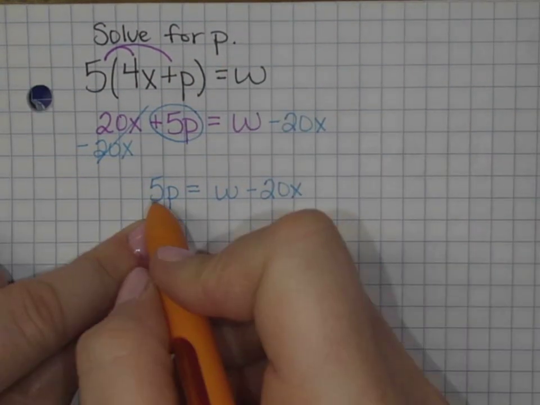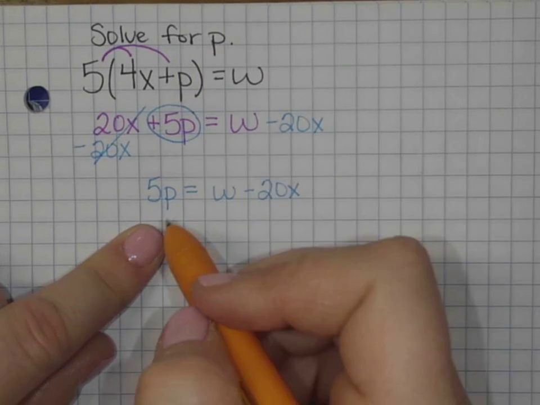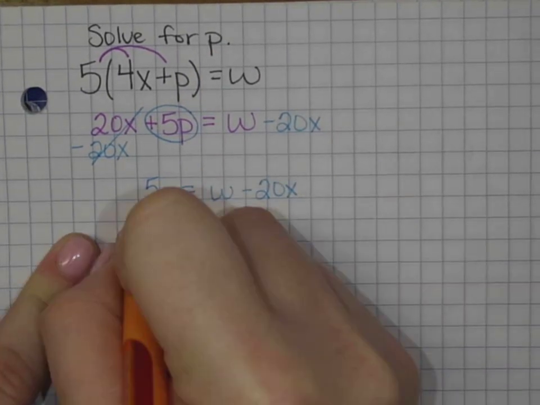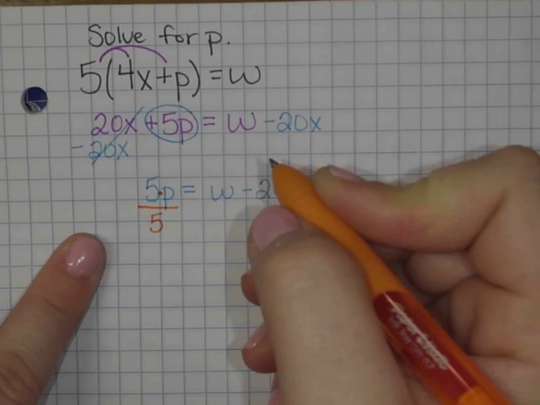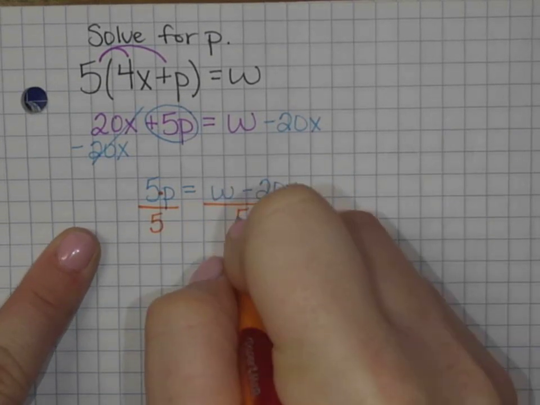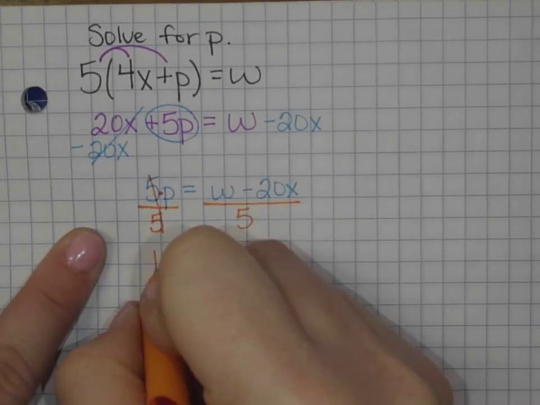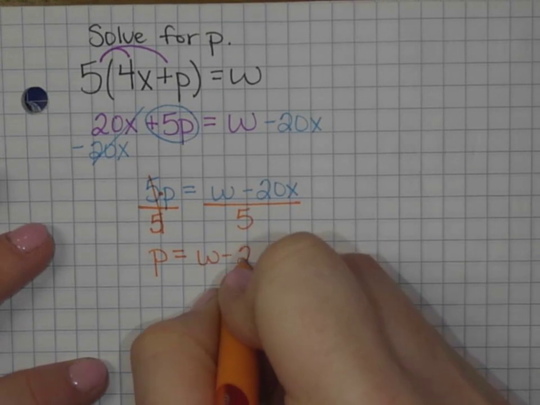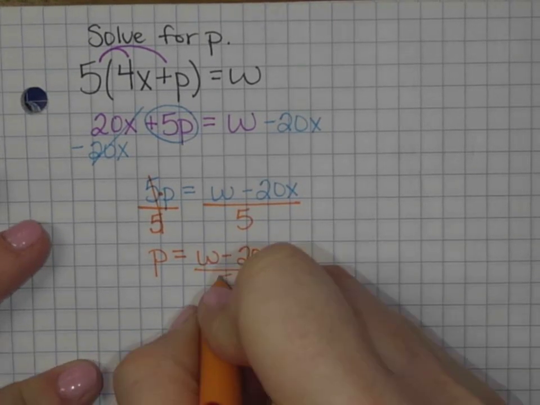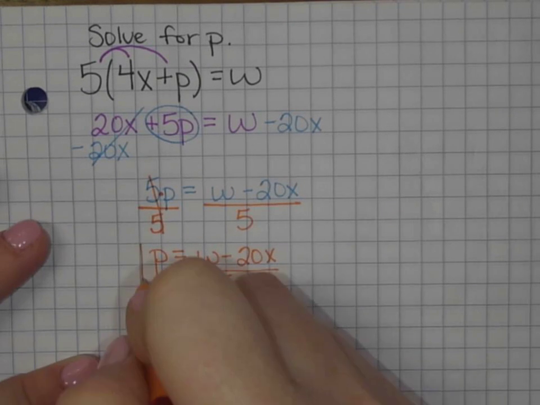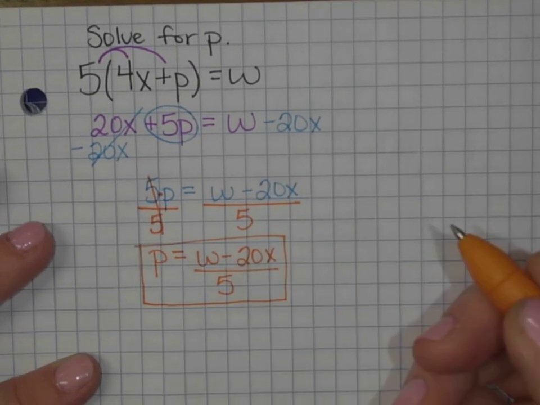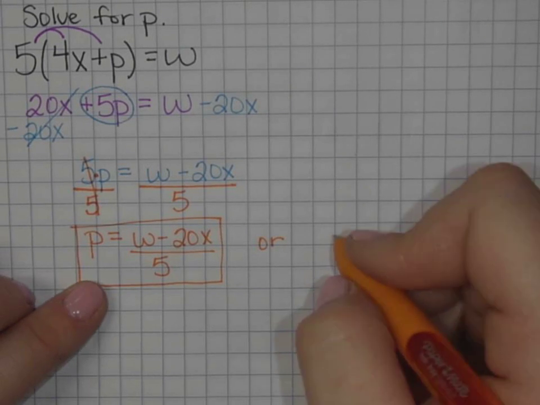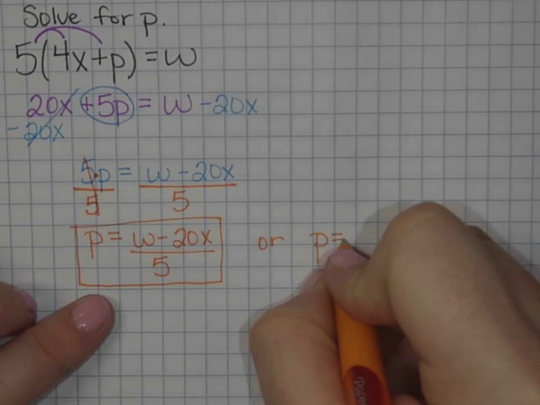Okay, still trying to get p by itself because it said solve for p. So it's 5 times p, so the opposite of multiply by 5 is divide by 5, and divide by 5. So p would equal w minus 20x over 5, or if it's multiple choice and they're written as single fractions, you would have to break it apart.